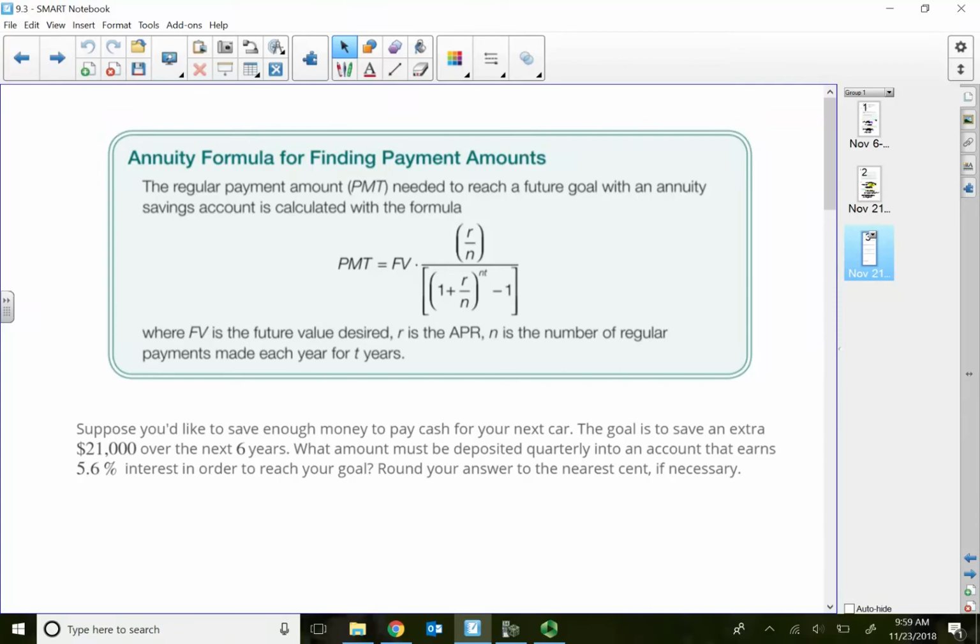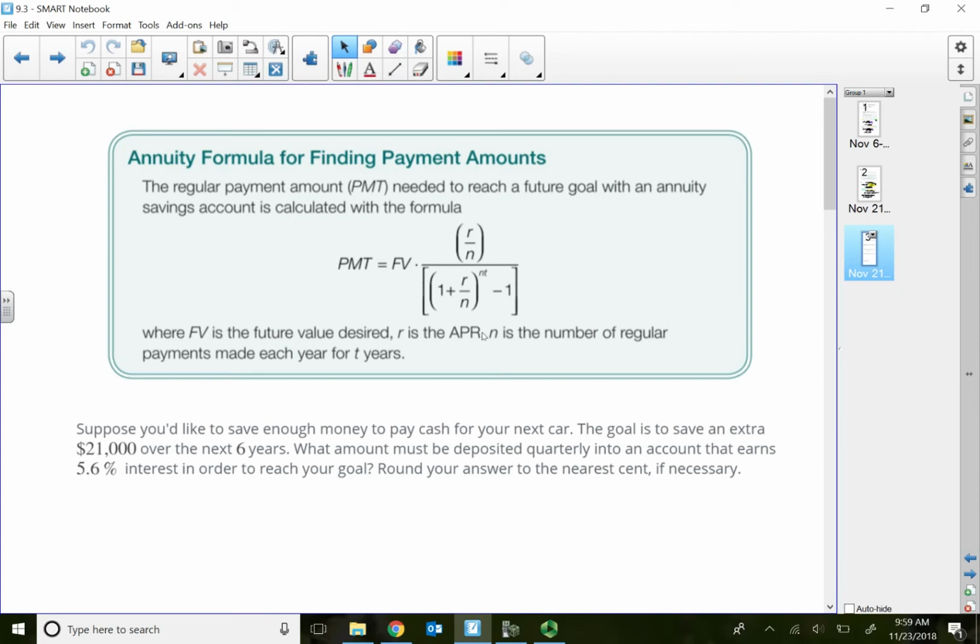So the two formulas are basically the same. We just do a little bit of algebra. That's the reason why all the components in the two formulas are exactly the same. All right. So the regular payment amount needed to reach a future value goal is this formula here, where the FV is the future value that you want, like a set amount of money you want to retire with.